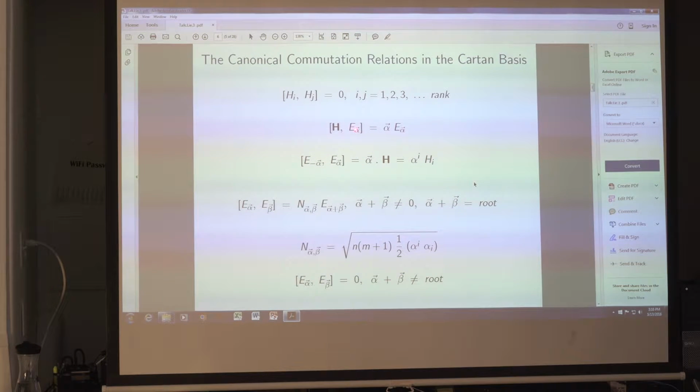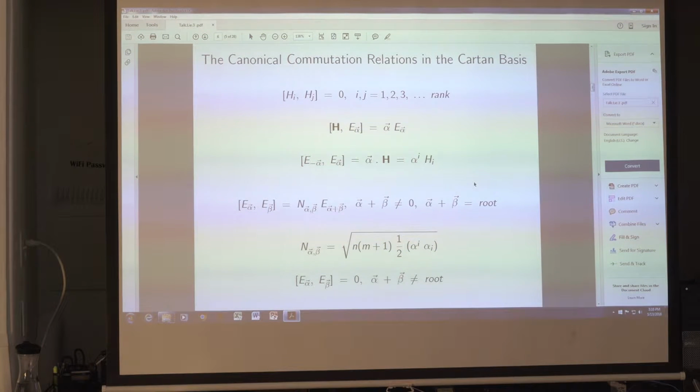So remember, E means that you have a generator associated to a given particular root, okay? So when you commute with each one of these generators, you will get for eigenvalues the components of those root vectors, okay?